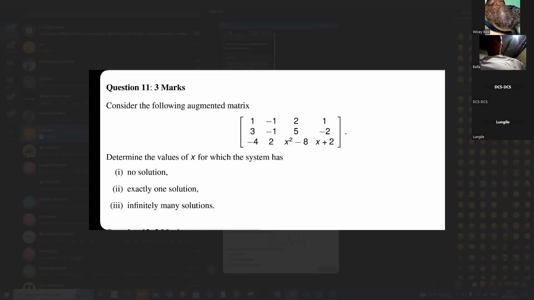Oh man, elementary matrices. We're going to cover elementary matrices Monday. Basically, we're left with determinants and then we're done with everything that has to do with matrices, and we can move on to other things.